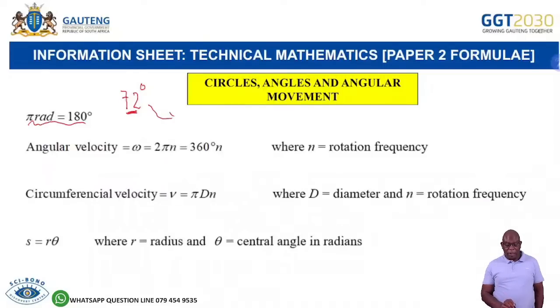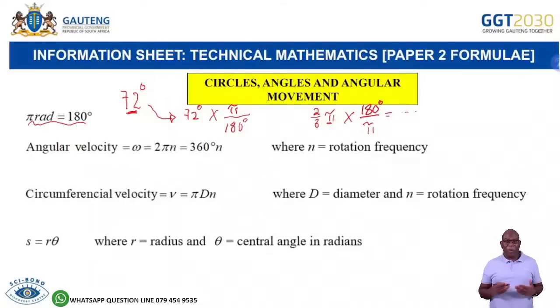So I multiply by pi on top and divide by 180. If I'm given radians, for instance 2 over 3 pi, and I want to write it in degrees, I want to remove pi. So I put pi at the bottom and 180 on top, so that I can get the angle.